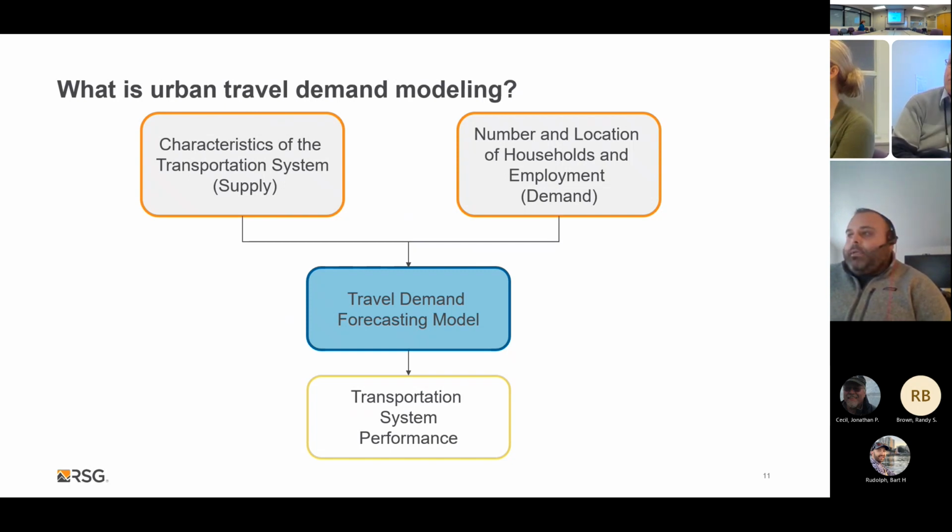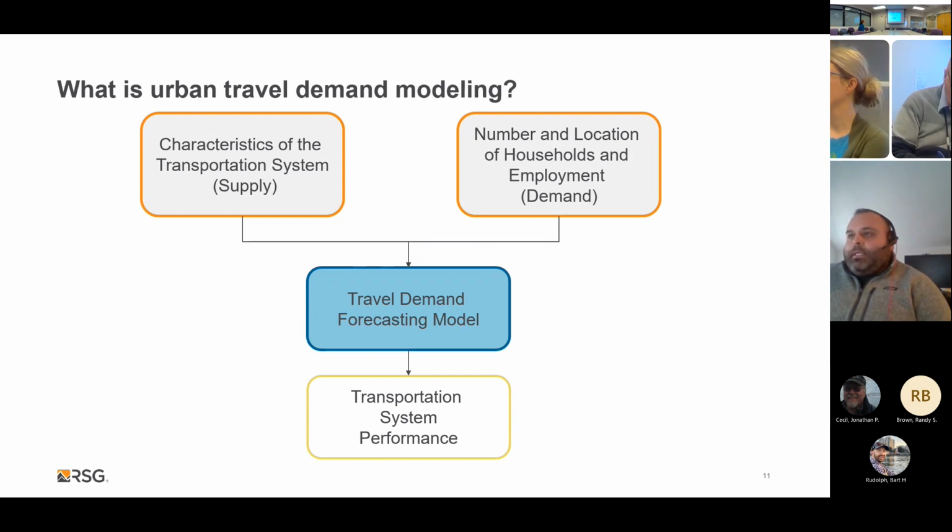When we're talking about demand, we're talking about population and employment characteristics. So it's people at the end of the day who are using the transportation system, and we're forecasting that demand based on how people are traveling, why they want to travel, and where they want to travel.